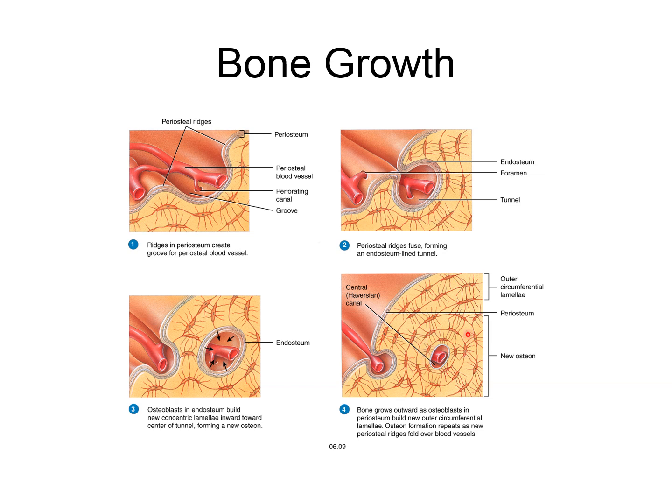And we also know that in the center of the compact bone there are osteons, and on the periphery there are the circumferential lamellae that are flat. So in these flat lamellae, the periosteum starts to dip down toward the center of the bone, and ridges are formed. Then these ridges of the periosteum fuse with each other, and so the blood vessels that were previously present on the surface of the periosteum get trapped.